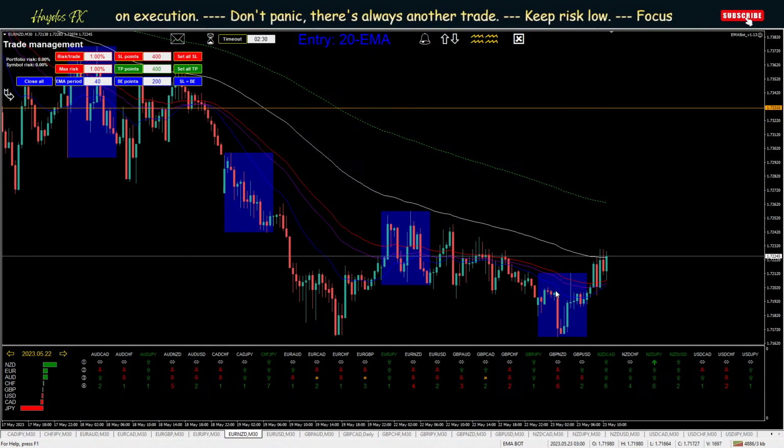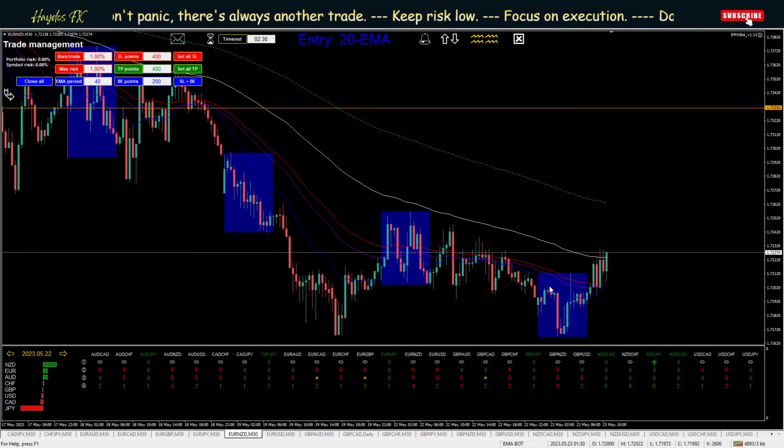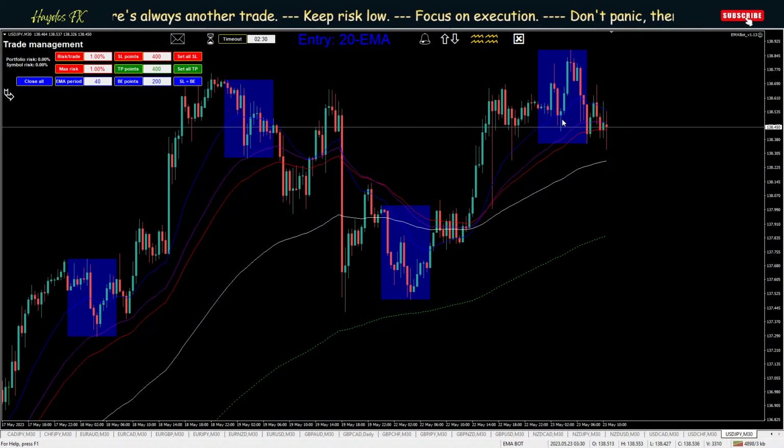Euro Kiwi was the one that I thought had a very good chance of working if it triggered you in this first little pullback. Then US yen, this is the other one that I thought had a very good chance of working, but it just didn't pull back. 5 pips from entry. I should have changed this.